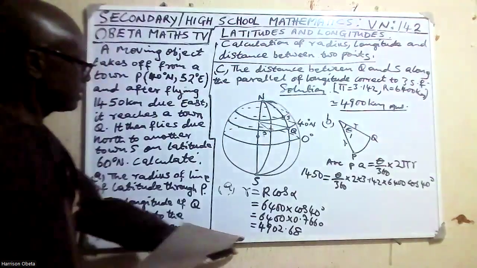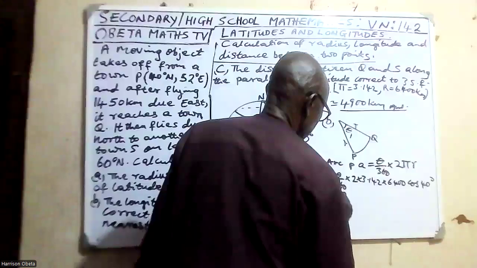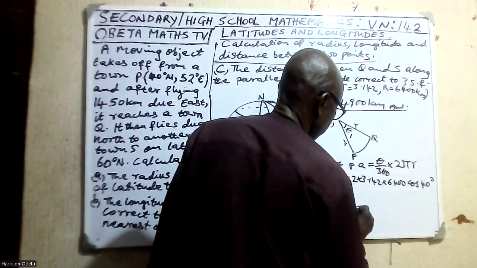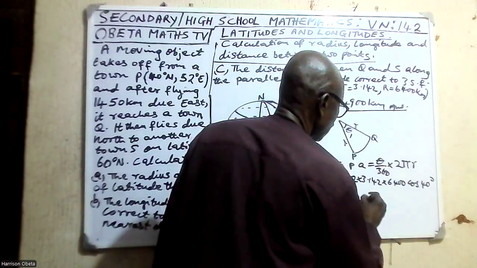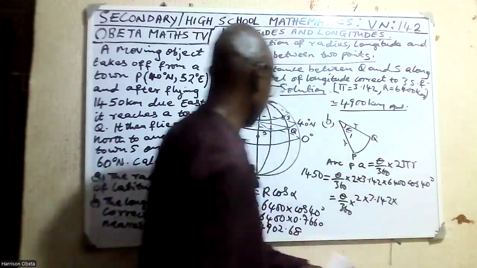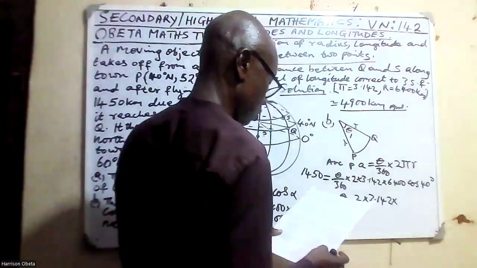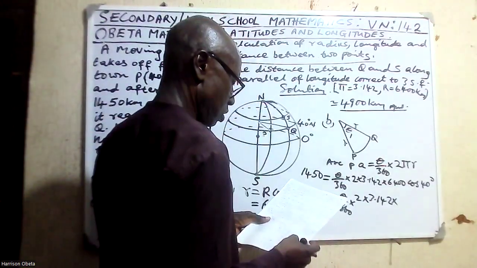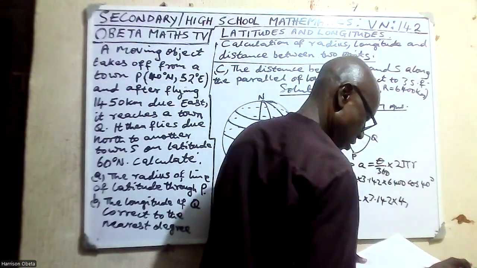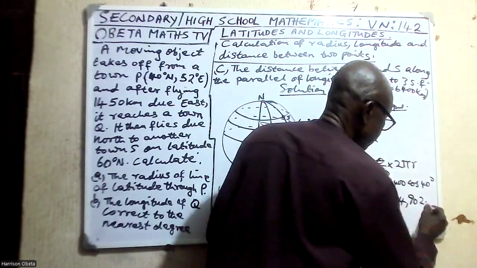But we have calculated that here, r cos alpha, so we carry the value, 4902.68.